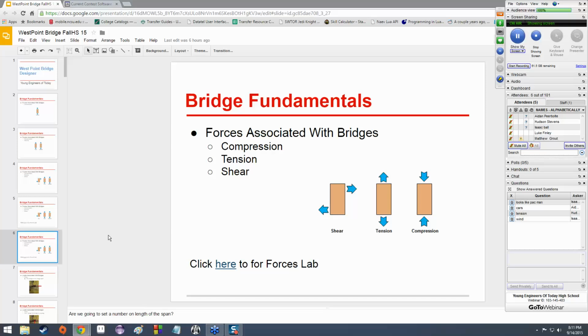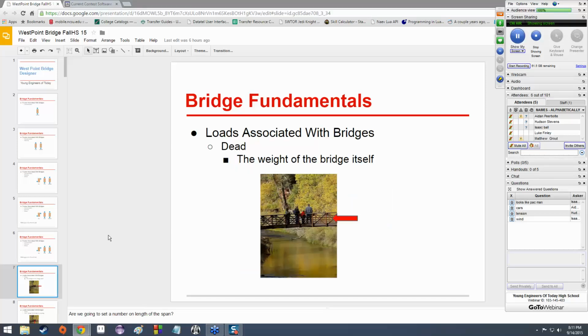So the answer to this is actually a little simpler than you might think, a little bit more obvious too. It's so obvious you don't even think about it. There is one load that a bridge always has to contend with, constantly, 24 hours a day, forever, and that is itself. It has to carry the weight of itself, and that's known as the dead load.